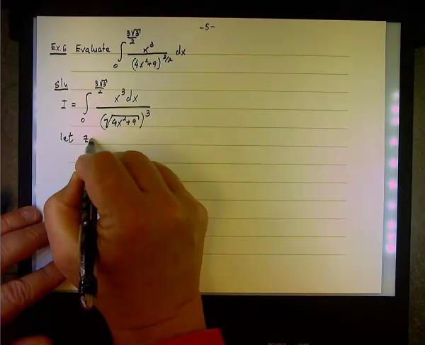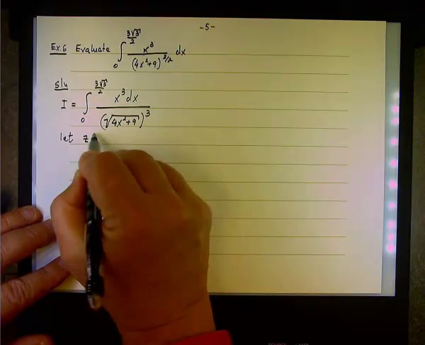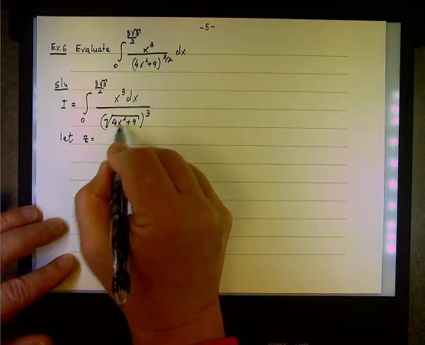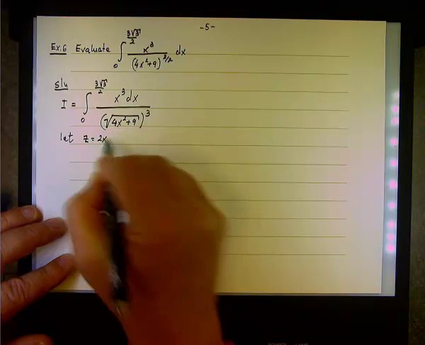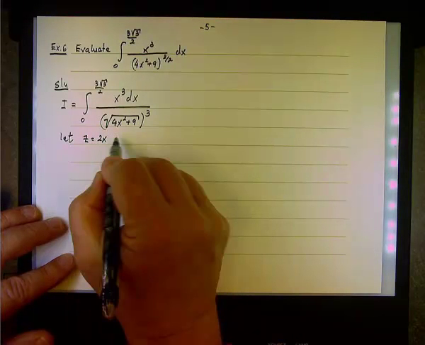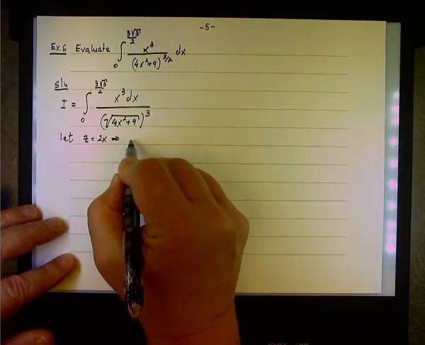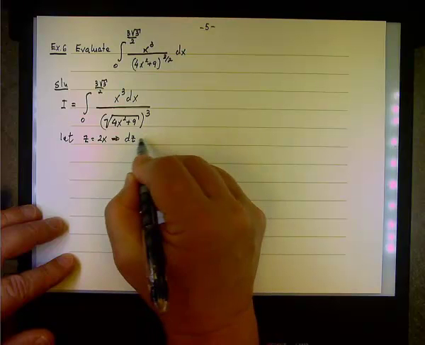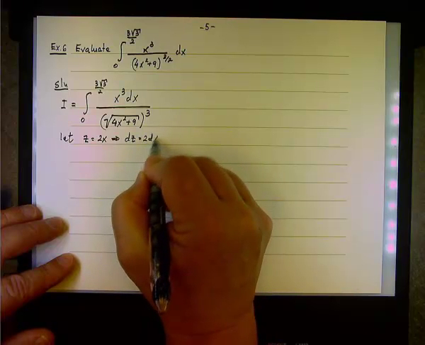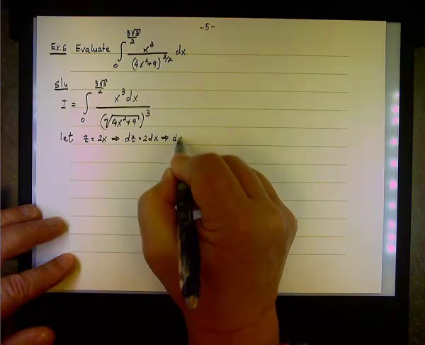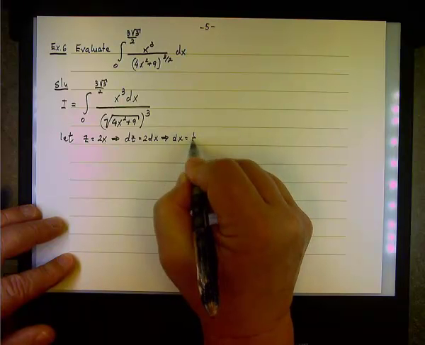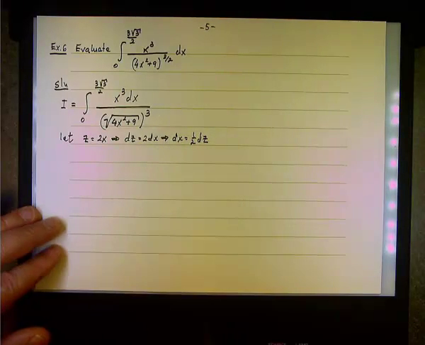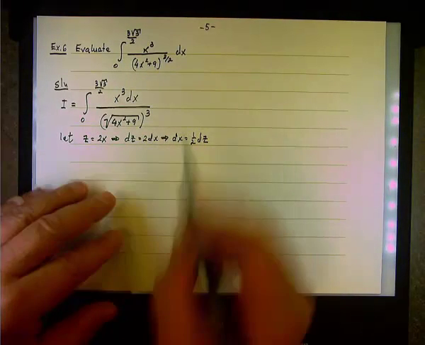I'm going to let z squared equal 4x squared, or z by itself equal 2x. And of course, now I need to take care of dx, so dz equals 2dx, and therefore dx by itself equals 1/2 dz.